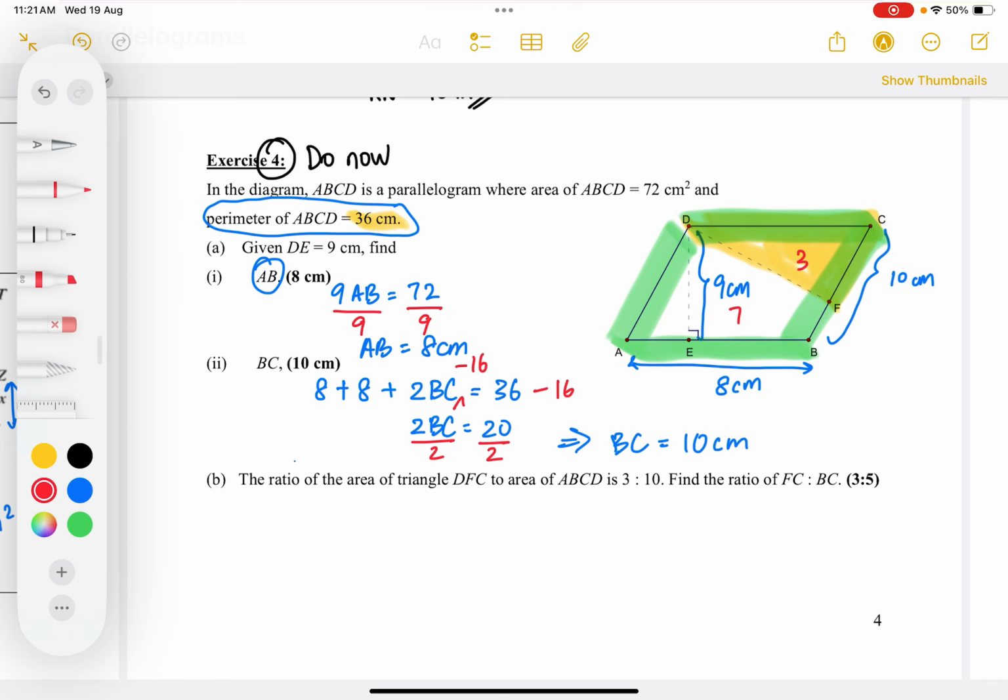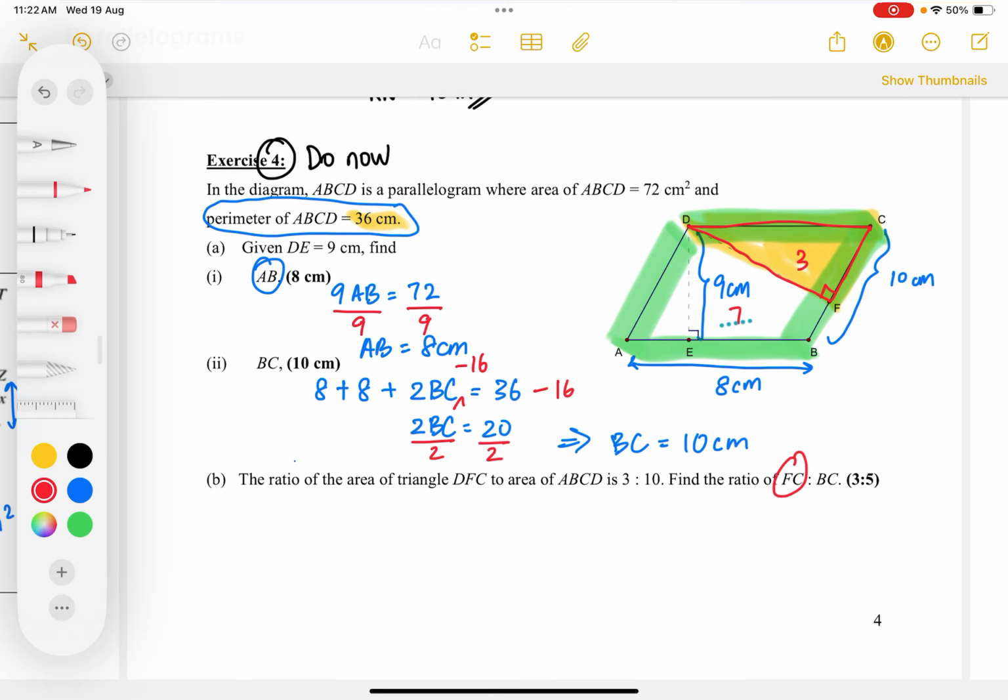This is quite a unique question. But if we look at what is the relationship between FC and BC, they are the corresponding bases of a triangle. So FC, this FC here, is the base of this triangle, with this as the perpendicular height.